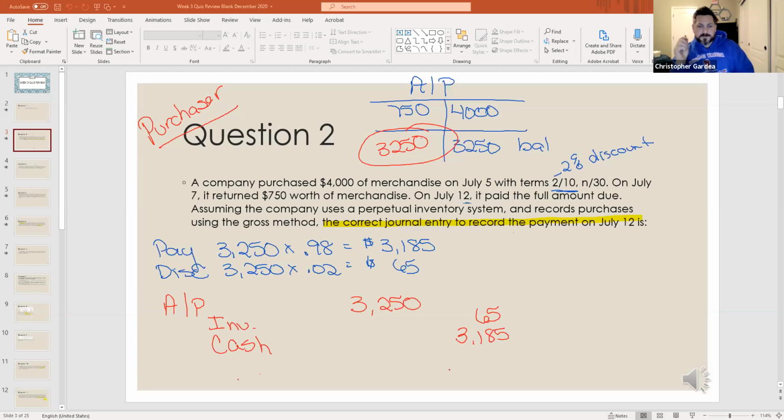Got it. But if we're the purchaser and we're buying the inventory, then we just increase or decrease inventory. That's why I said this is one of those chapters that's challenging, because you have to constantly think, which hat do I have on? Do I have on the hat where I'm buying the inventory for my company to resell, or do I wear the hat where I'm the end product user? Got it.